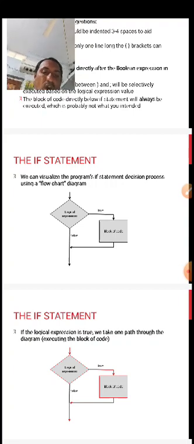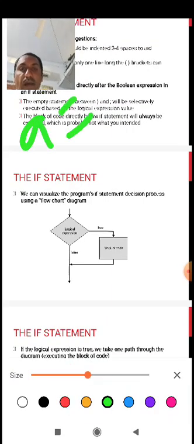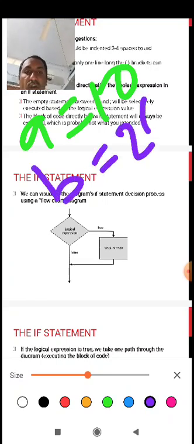Else, if the condition is false, the C or C++ else statement can be used with the if statement to execute a block of code when the condition is false. For example, take A equal to 10 and B equal to 20.